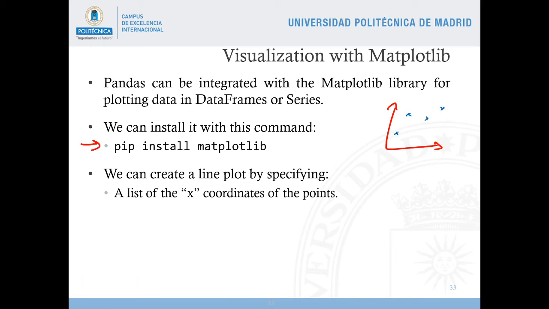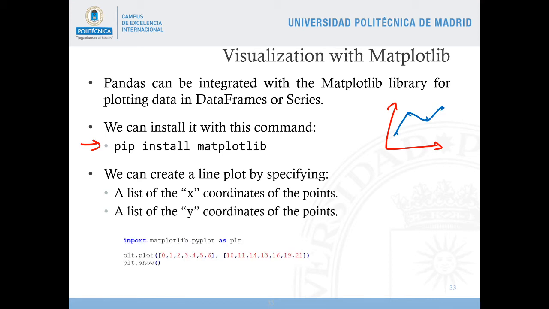A line plot is the plot which has a line between all the consecutive points. So you have to give two lists. The first list gives the values of the x components of the points, and the second list gives the values of the y components of the points. Be careful since both lists must have the same size or the same length.